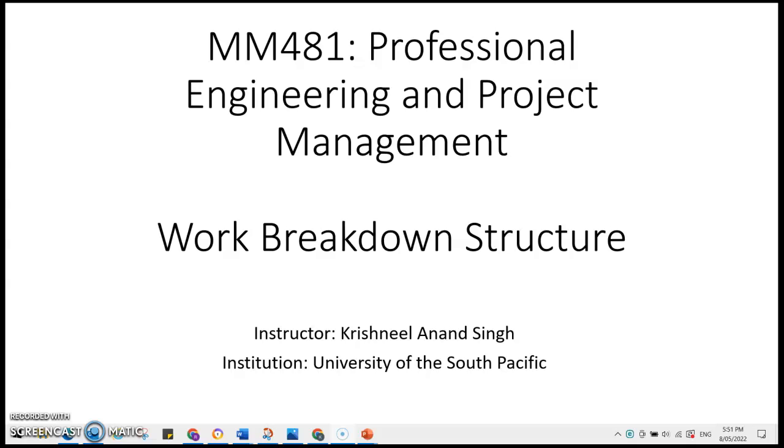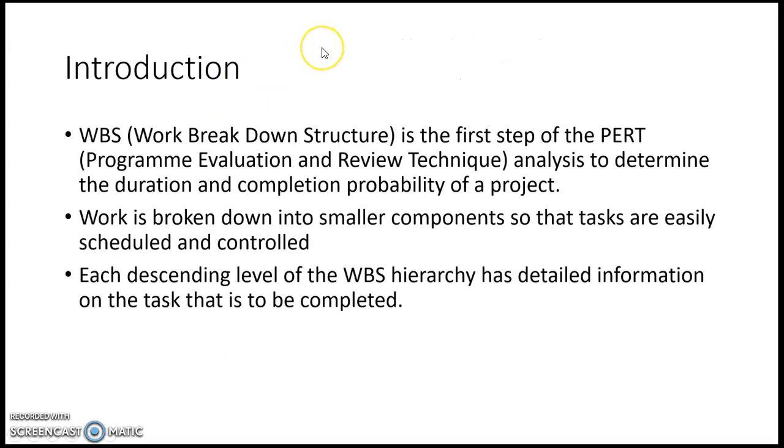Today we are going through the work breakdown structure, which is one of the parts of the project management plan. Moving on to the introduction, work breakdown structure, or WBS as it is usually called, is one of the first steps of the PERT, or program evaluation and review technique, analysis to determine the duration and completion probability of a project.